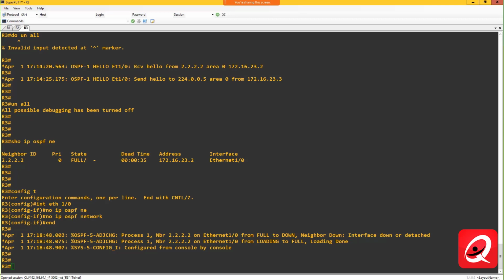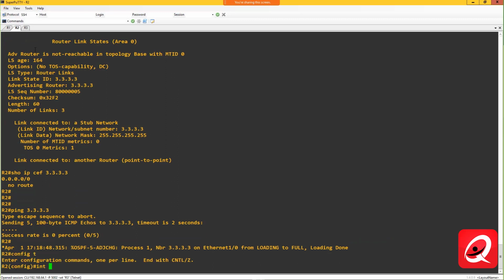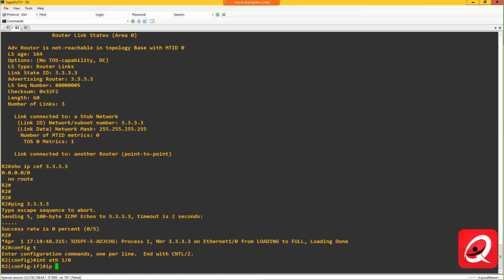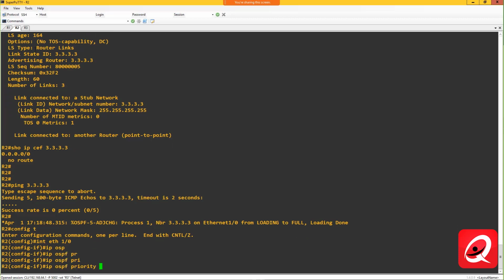All right? So we talked about priority. If I wanted to change the priority, I could certainly do that. For example, go to router 2 here and config t, interface Ethernet 1/0, ip ospf priority, and I can set that priority to whatever value I want.